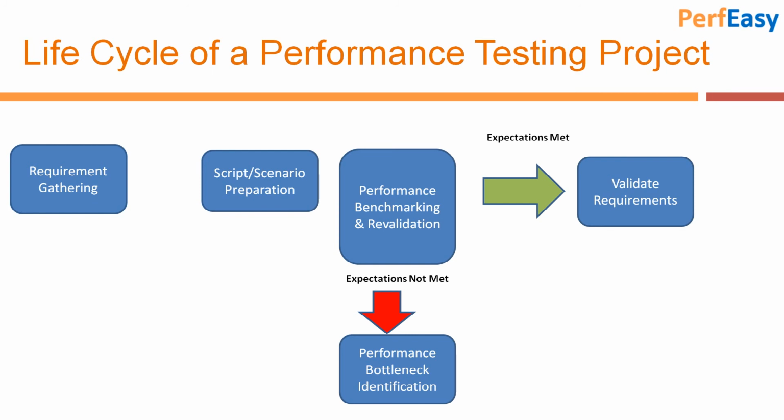Pinpointing the bottlenecks would mean we need to specifically mention this query is the cause of slowness, or a particular query is causing a deadlock at the backend due to which some failures are happening. A particular code class or a method which is taking a lot of time to execute, or a particular method which is causing a memory leak. So we need to pinpoint. This is called bottleneck identification.